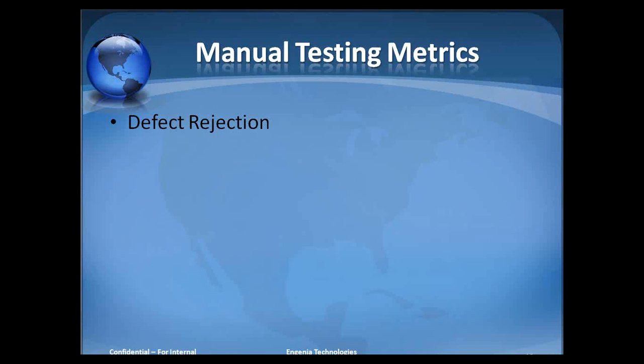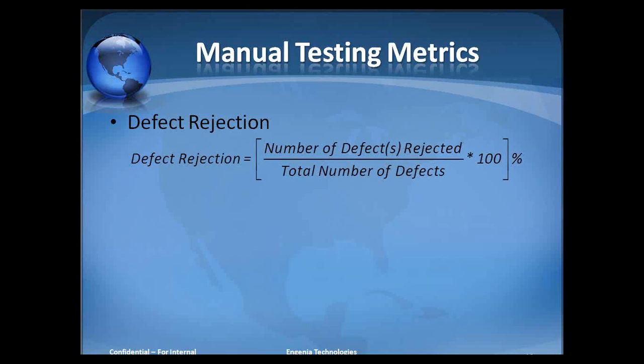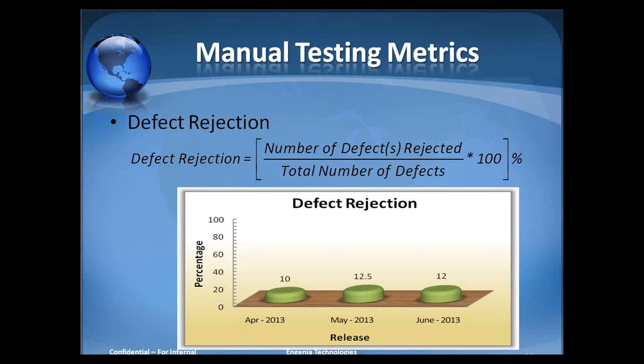Now the next is defect rejection. This metric determines the number of defects that were rejected during the execution. The formula for this is the number of defects which were rejected divided by the total number of defects, multiplied by 100. That is also a very simple formula, quite similar to the defect acceptance rate. Based on this analysis, we can have a trend analysis also, which can show us month by month.